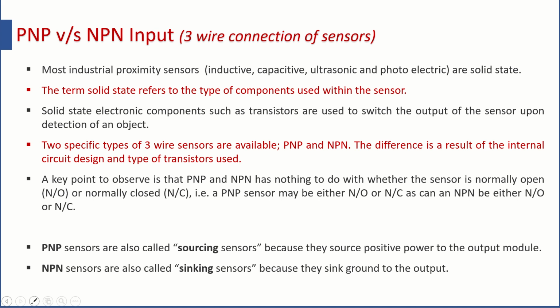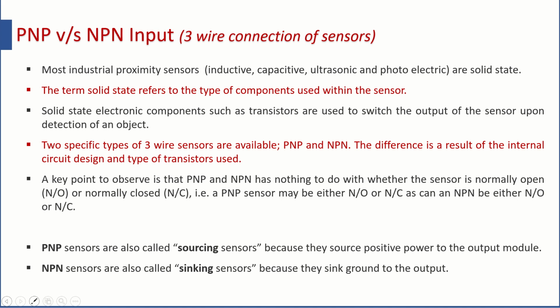Or if it is an IR type one, then there is a transmitter and a receiver embedded in the same sensor housing assembly, and whenever some object is there, the IR signal will be reflected back from that object, and it will ultimately activate a transistor. Whenever an object is detected, a transistor is activated. Now this transistor is the responsible factor to switch the output of the sensor.